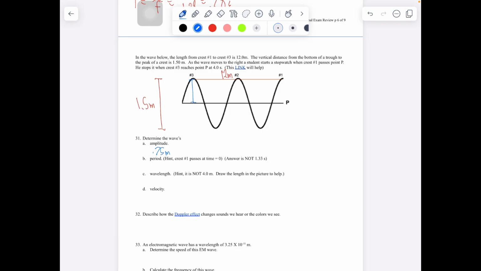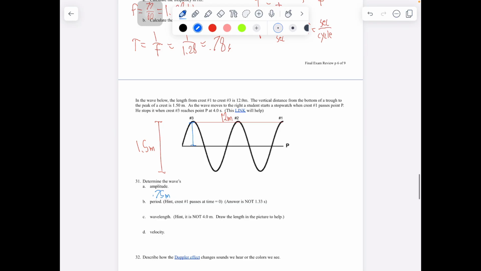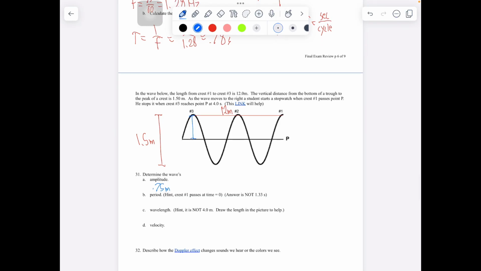What's the period? Well, if we look back at our equation for period, right, there's two ways to find it. We can take the inverse of the frequency, or we can take the seconds per every one cycle. We know it takes 4 seconds for crest number 3 to reach point P. Our cycles are whenever we have a crest past that point.